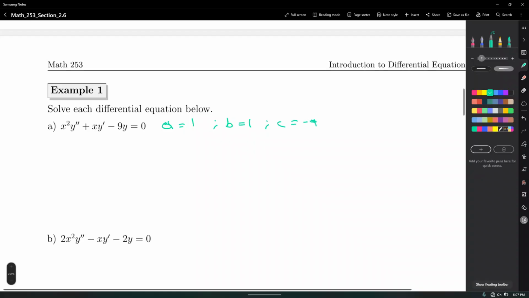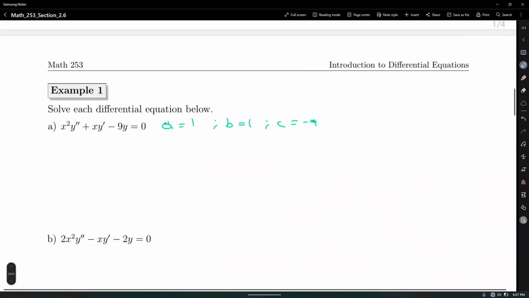All right. So let's write the characteristic equation I meant to say. And well, a, which is 1, this is 1m squared plus, what's b?